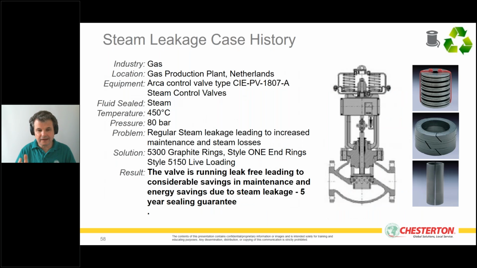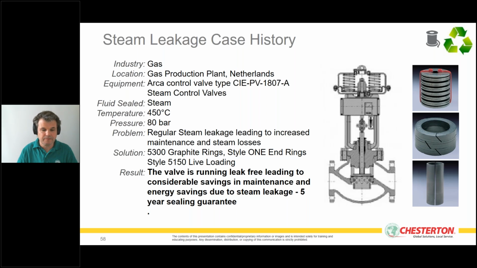To finalize, I'm going to show you an example of a case that we did in a gas production plant in the Netherlands, where they had some control valves sealing steam, 450 degrees, 80 bars. The problem was that there was regularly some leakage, which led to increased maintenance and a lot of steam losses.